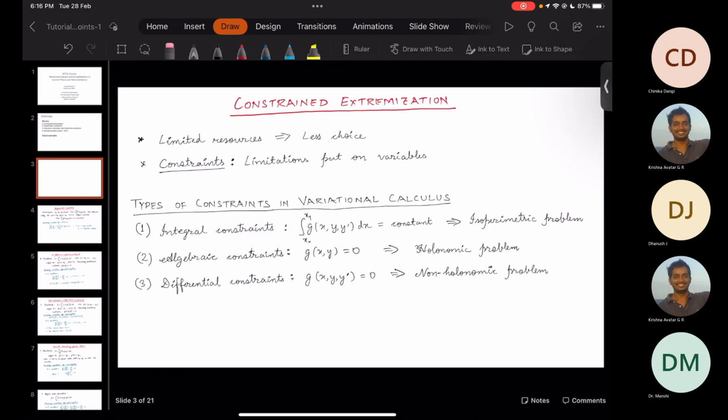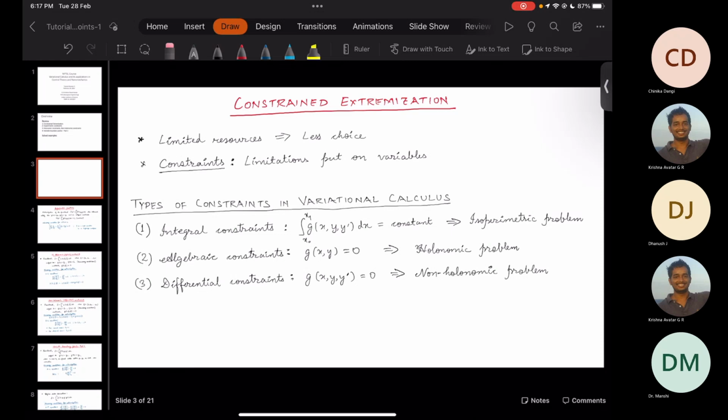In variational calculus, there are three classes of constraints. The first one is the integral constraints. This constraint is of the form shown here, defined over an integral of g as a function of x, y, and y prime. Problems with integral constraints are known as isoperimetric problems.